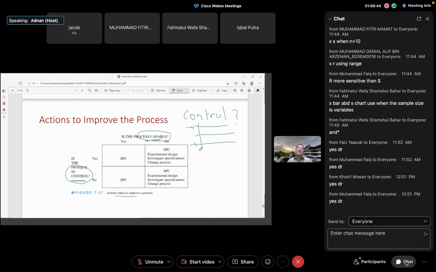But in more advanced applications, we also look at the patterns of the points we are plotting. The point may be inside the control limit, but the pattern is not normal, which also indicates the process has a problem. Another way to look at it is: is it capable or not?